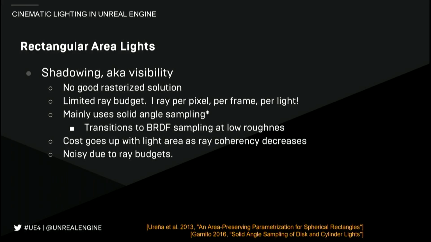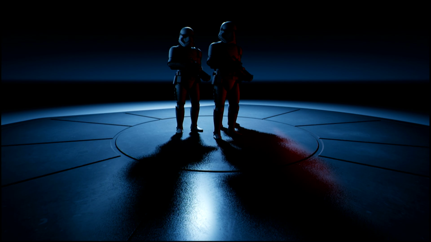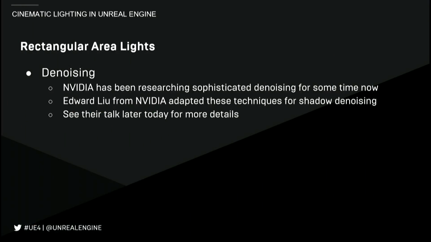So let's take a look at the raw unfiltered. I don't know if you can see on the screen there. It's pretty noisy. All the shadows are in the right place, but it's not really the look you want. So what are we going to do about it? We apply some denoising. Our friends at NVIDIA have been researching sophisticated denoising techniques for quite some time. They've done quite a few presentations over the last few years.